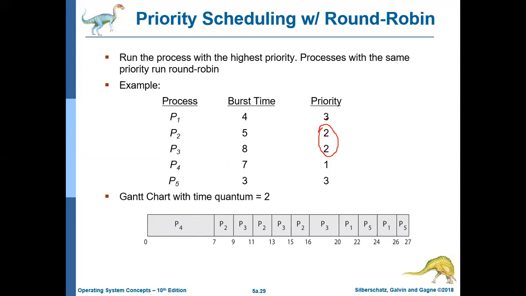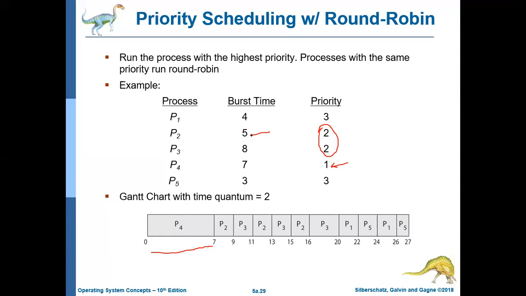So what you should do? First, you will be executing the priority 1 for 7 units of time. That is okay. Then, in which order they are arriving, P2 and then P3, you will take the same order. First you will execute P2. You can run with the round robin also.